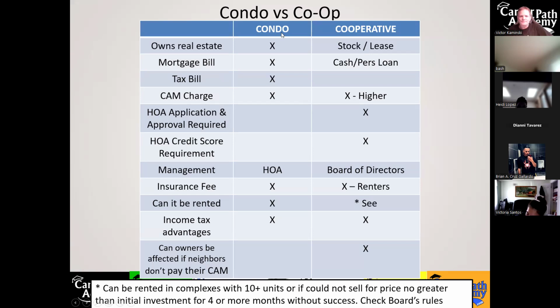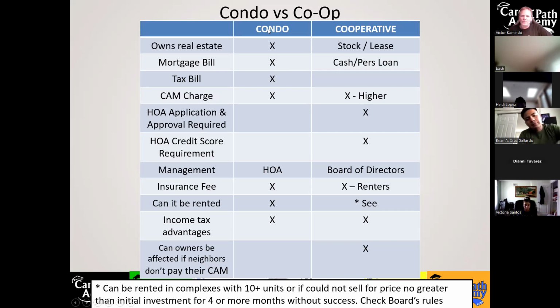In a condo, you own real estate, but not when you own a cooperative. You own stock and you get a proprietary lease to occupy the space you're living in. You get a monthly mortgage bill with a condominium. With a cooperative, it has to be cash or a personal loan.